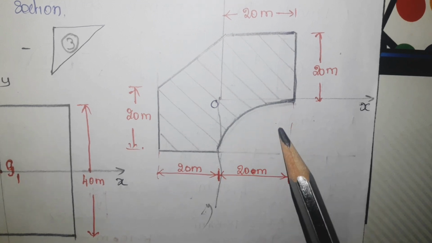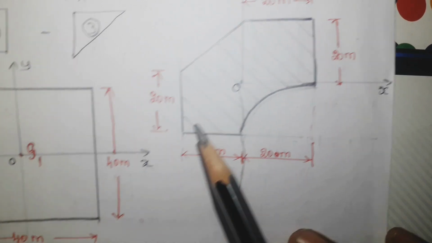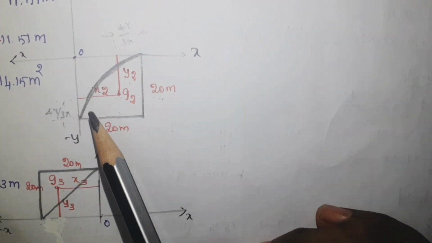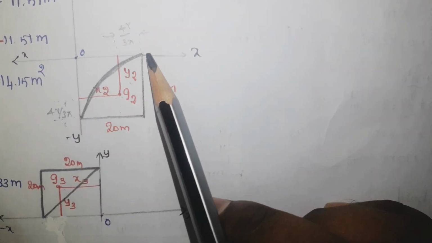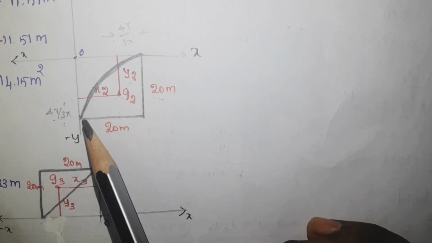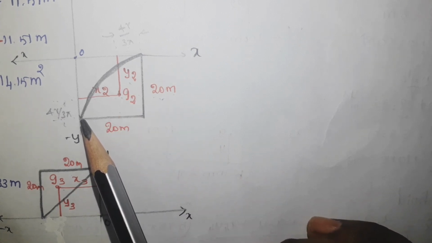So this is the second area we have to consider. As I told you earlier, one end is touching the x axis, the other end is touching the minus y axis.